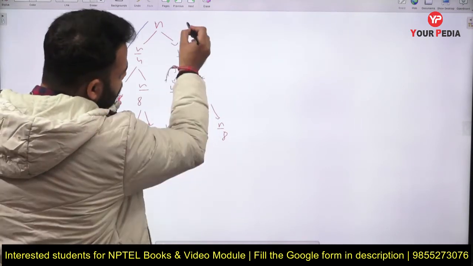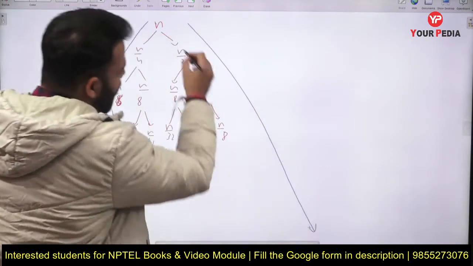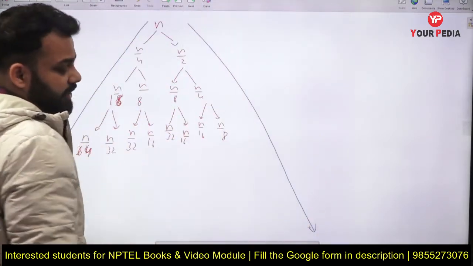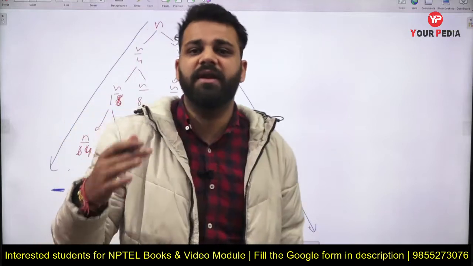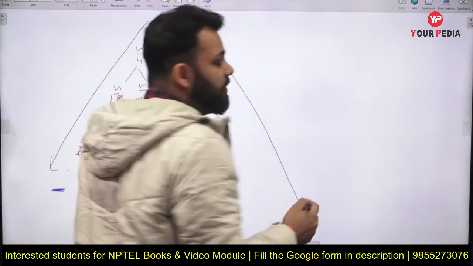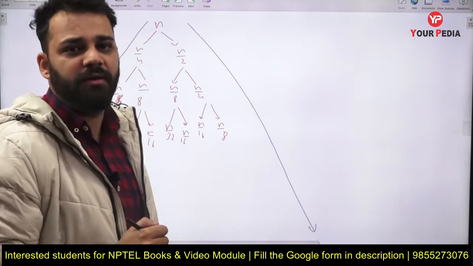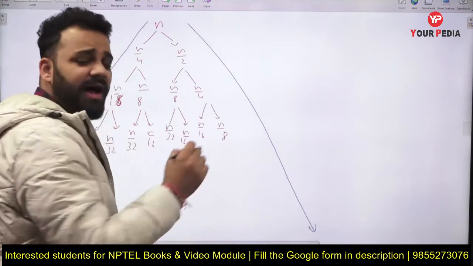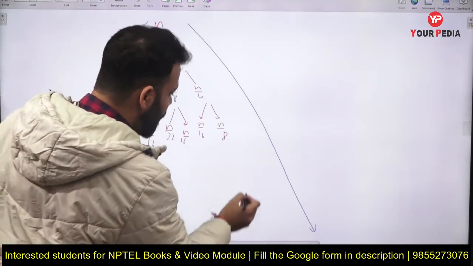This line will go a little bit longer. Why? Because in this we are dividing by 2. So this will be the longer path. So if you want to find out the complexity in terms of big O, then you need to find out the upper limit, and to find the upper limit, you need to consider the larger number of levels.